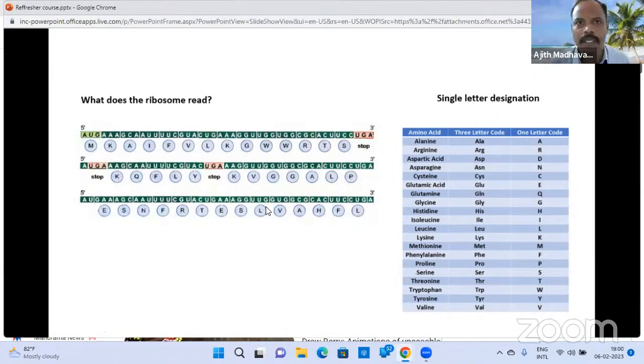So each of these codons codes for an amino acid. How many amino acids are there? 20 amino acids are there. Fine, but 64 codons are there. So what does that mean? Each amino acid perhaps has multiple words. Like in English, for a particular meaning you might have synonyms.